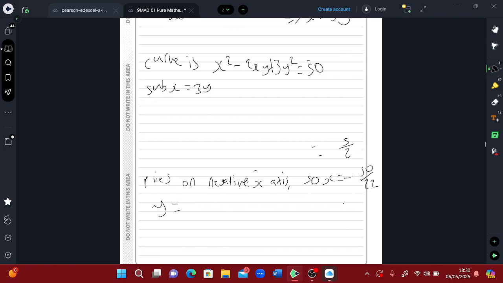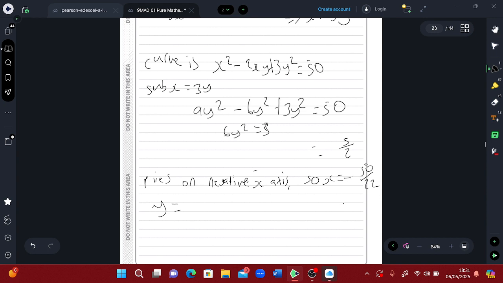So x is 3y, so that'd be 9y squared minus 2y times 3y, that'd be minus 6y squared. So it's the same one. I think it's just, no, actually it's not the same one. Anyway, we collect like terms: 6y squared would be 50. 12 minus 6.